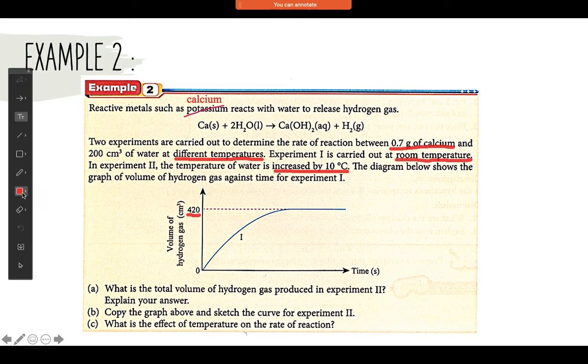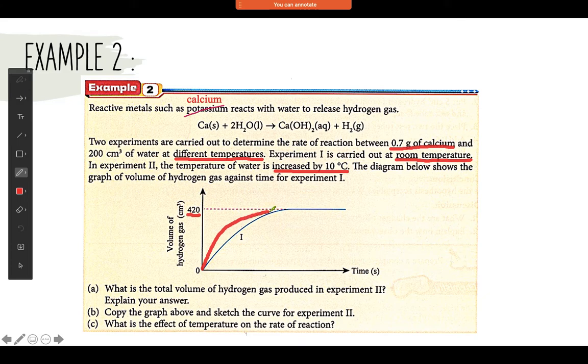So dia punya graph agak steeper ke less steeper? Should be steeper. Okay, sebab faktor dia adalah temperature lagi higher. So steeper macam ni lah, ke atas daripada experiment 1.